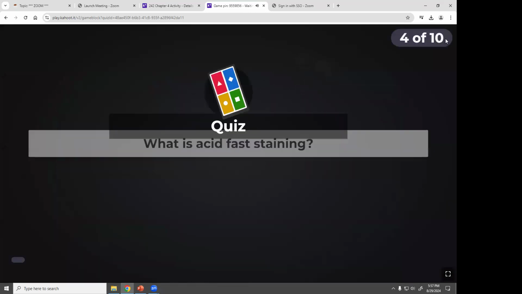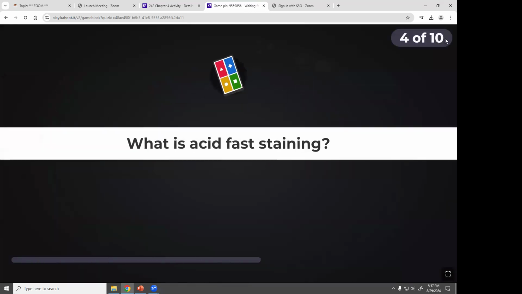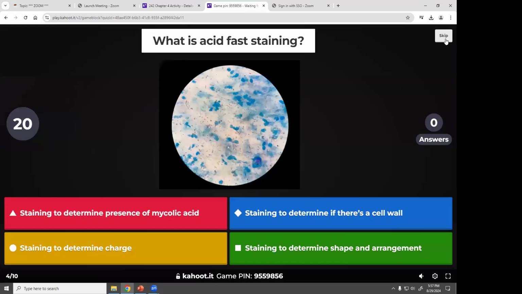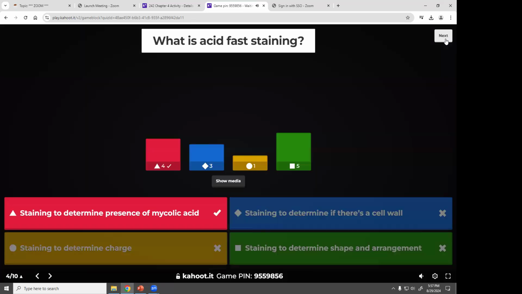Okay. What is acid-fast staining? All right, so acid-fast staining.